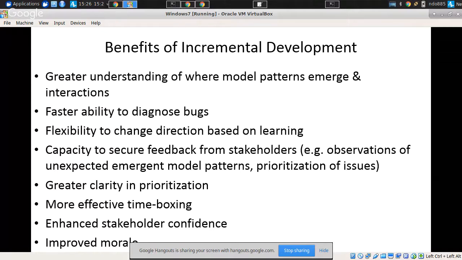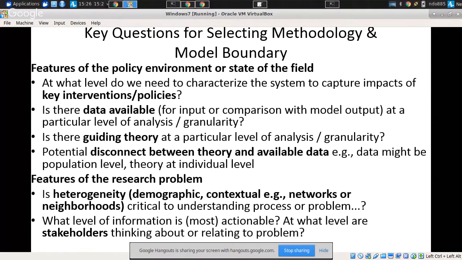They see what it's doing. They develop not only a sense of confidence, but a sense of what it's doing and how it works over time. And it gives confidence you're making progress, and you're making progress in a meaningful way. And hence it can improve morale on the part of developers and indeed on the part of stakeholders. Okay?